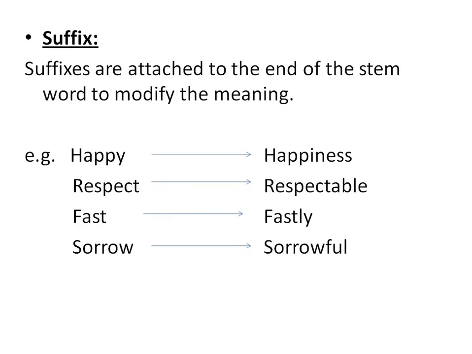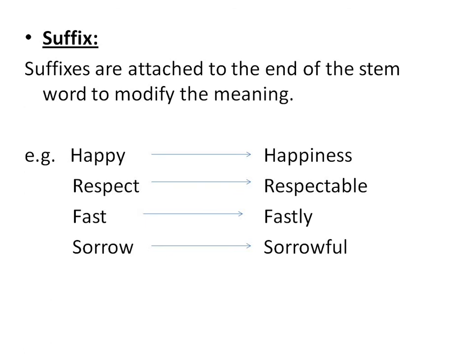The second one is suffix. So what are suffixes? Suffixes are attached to the end of the stem word to modify the meaning. Like prefixes are the morphemes which are attached at the beginning, and suffixes are the morphemes which are attached at the end of the stem word.